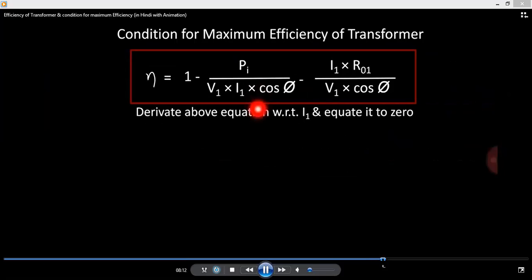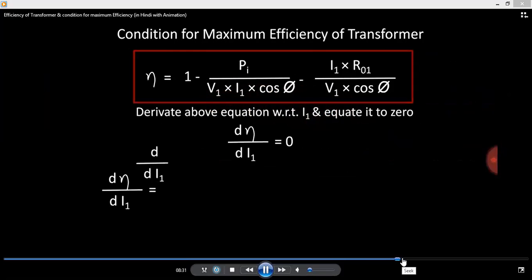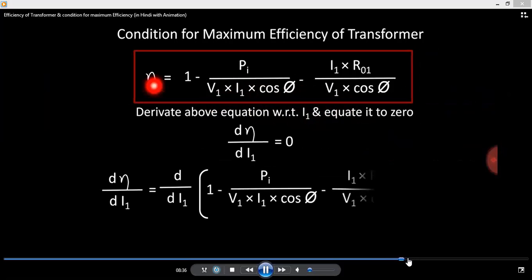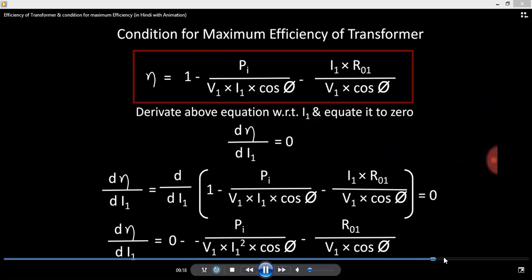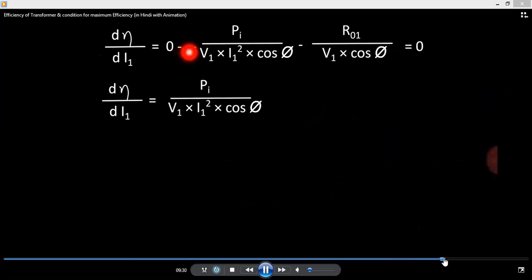Let us see the derivation here. dη by dI1, constant, 0.